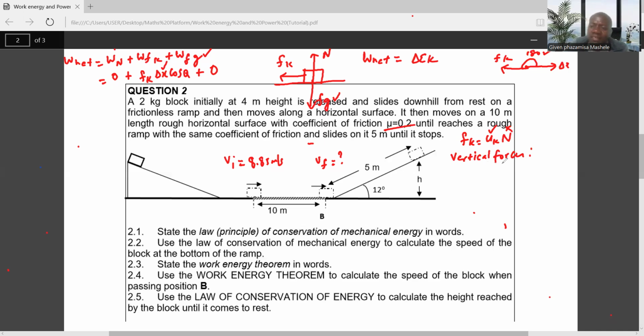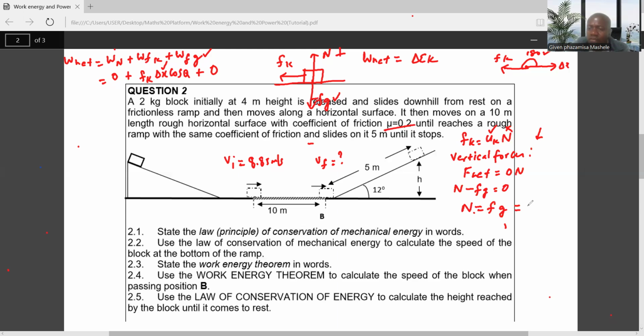So the net force there is 0. The normal is upwards and the force of gravity is downwards, so normal minus Fg equals 0. So the normal is equal to Fg, the force of gravity.